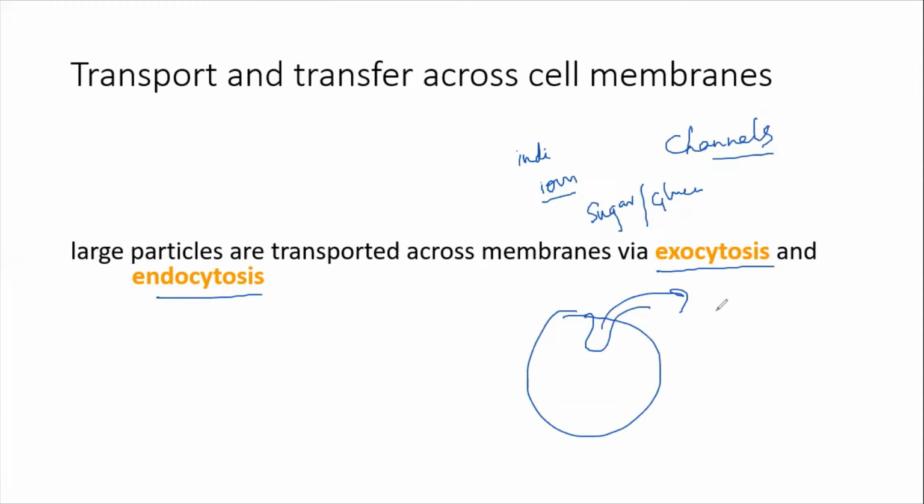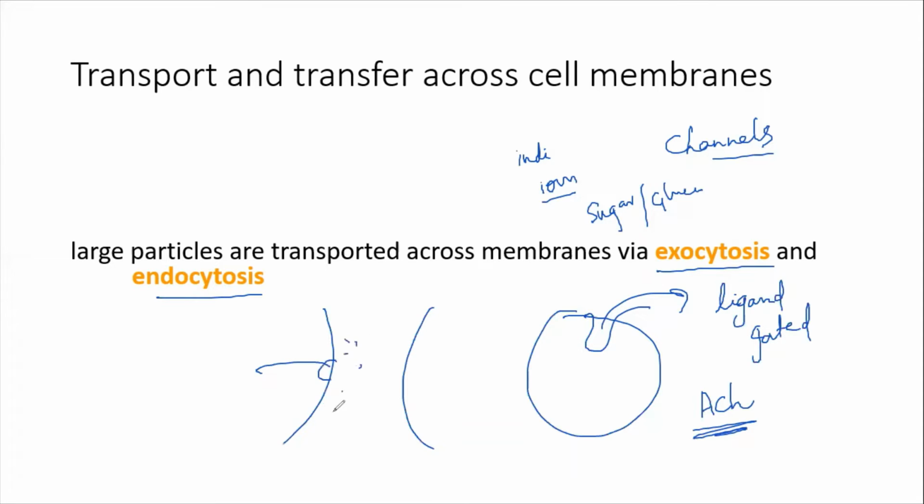If you remember in the ligand gated channel, the example of the acetylcholine receptor, we have talked about how acetylcholine neurotransmitters are getting released out in the synaptic cleft, so that from the presynaptic neuron it can bind to the postsynaptic neuron. If you remember, guys, from here it is released, and here you have got your acetylcholine. So this goes and binds to the receptors present over here.